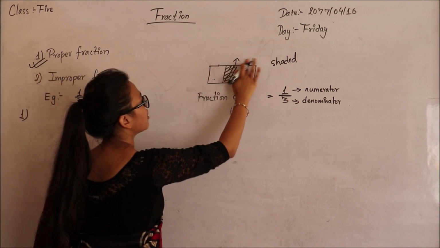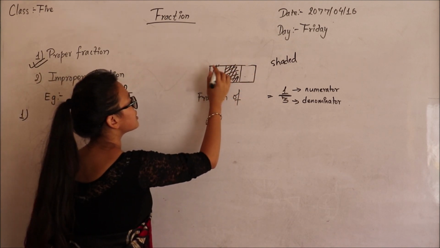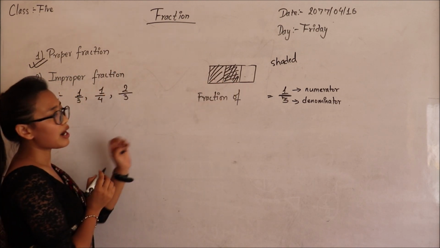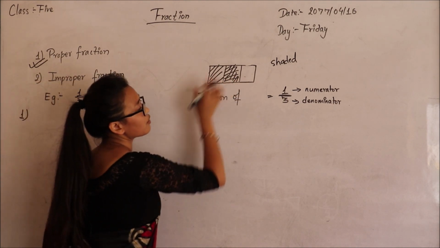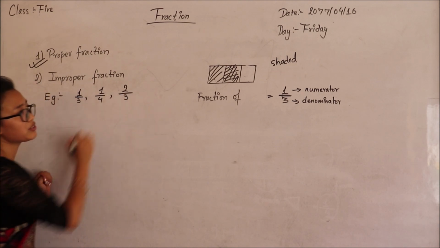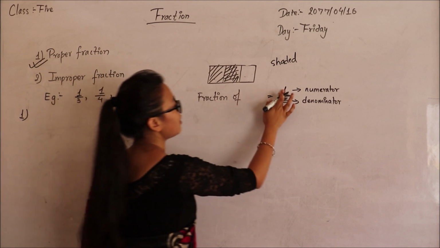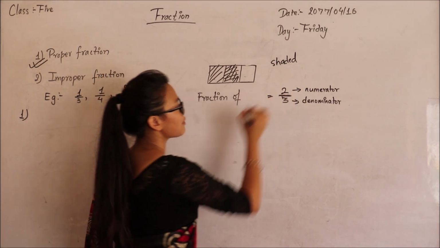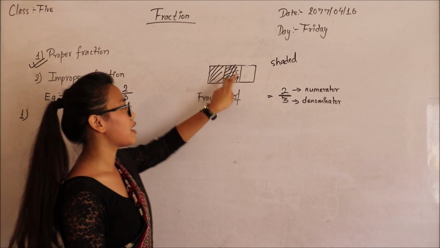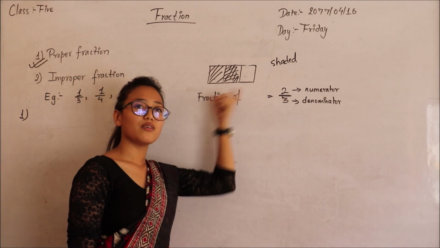If we shaded 2 parts of the 3 parts, then the fraction would be 2 by 3, or not? Here what would be here? 2. Again I am saying why 2? Because we have shaded 2 parts of the 3 parts.